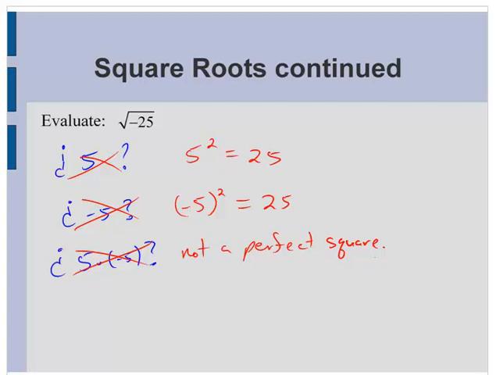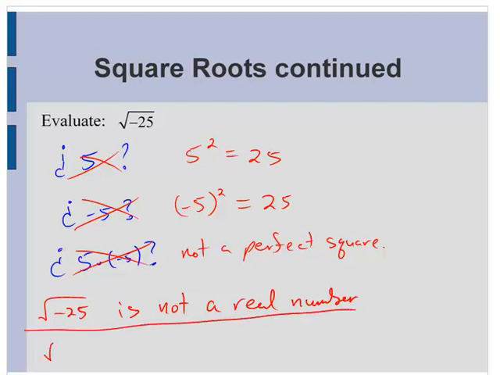Well, it turns out that at this time, we cannot determine what the square root of negative 25 is. So what we will say is the square root of negative 25 is not a real number. And in fact, in general, the square root of a negative number is not real.